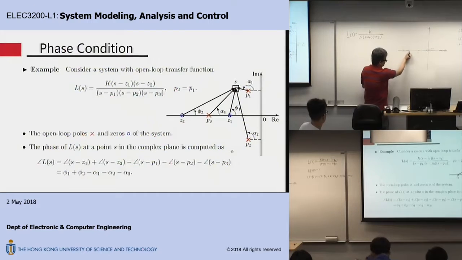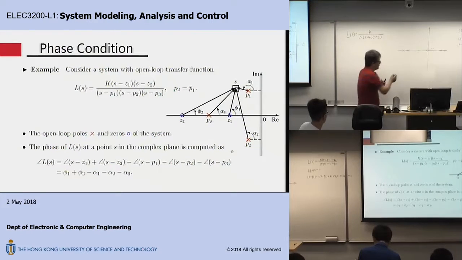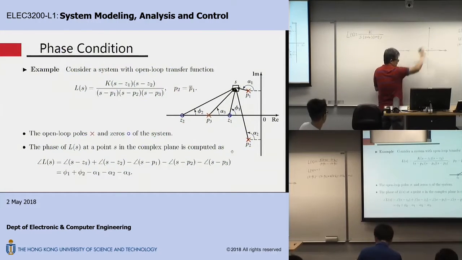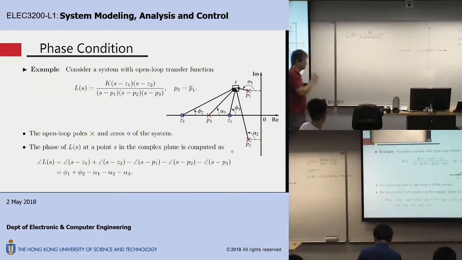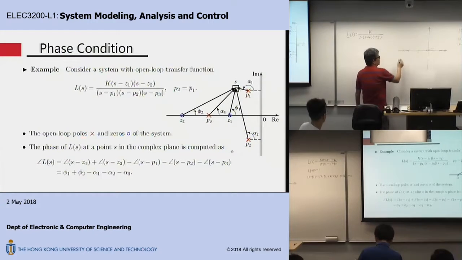Between this pole and that pole, that's not in the root locus. Why? Because you have two poles on the right. Here, this part is again in the root locus.